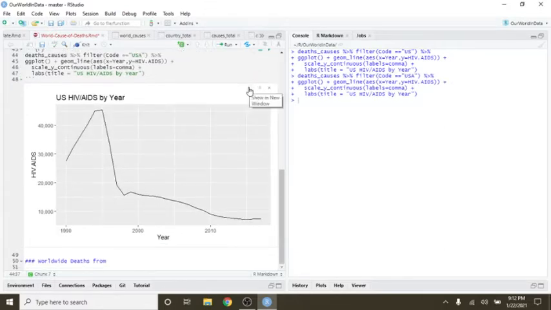Here we have the U.S. HIV AIDS deaths by year.